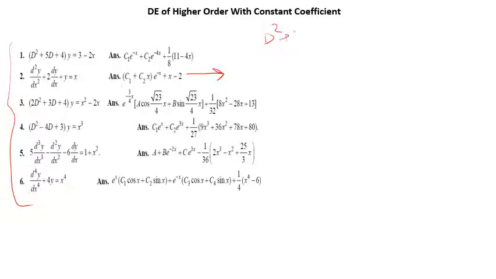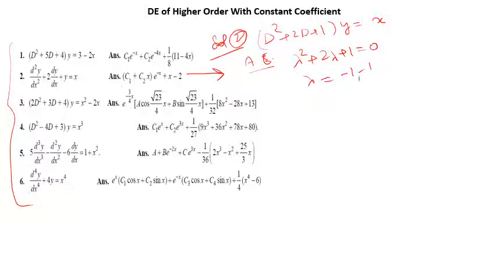d2 plus 2d plus 1 y is equal to x. The auxiliary equation is given by lambda square plus 2 lambda plus 1 equal to 0, lambda equal to minus 1, minus 1.